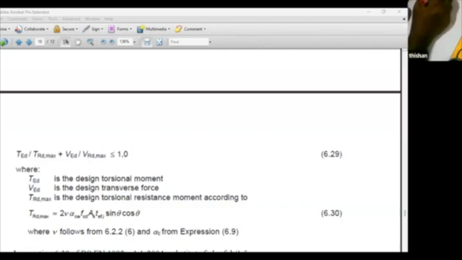Can you remember we calculated the area, 100 into 10 to the power 3? Multiplied by the thickness. Thickness is 100. Multiplied by sine 22 cos 22. What is the value you get?